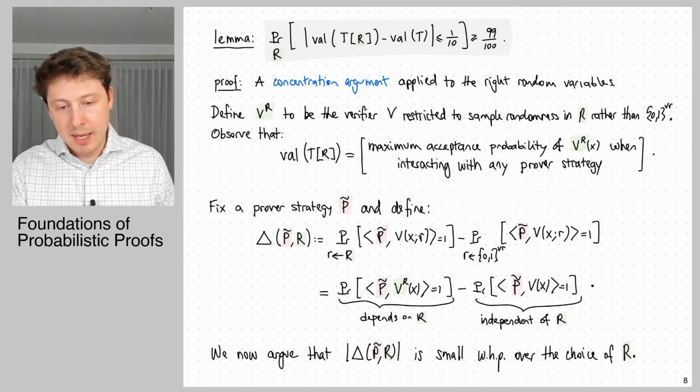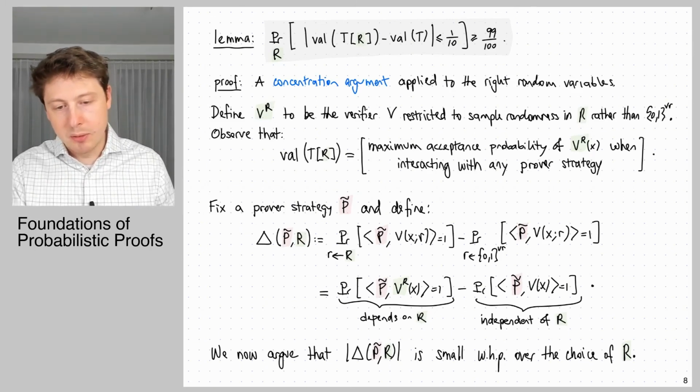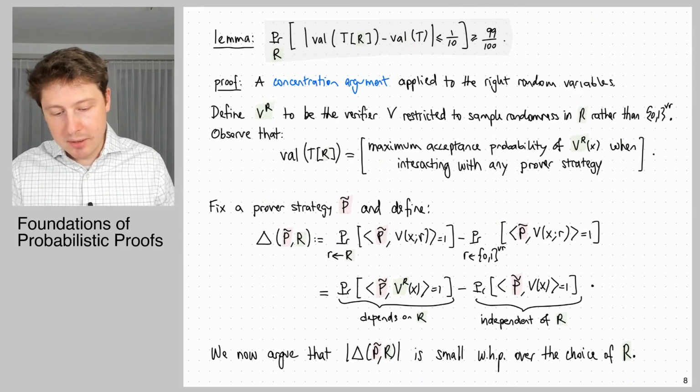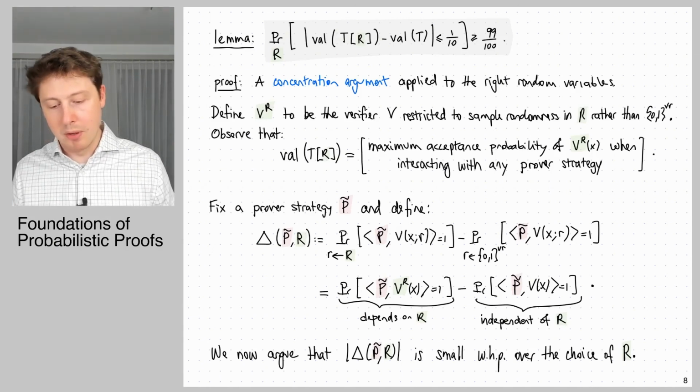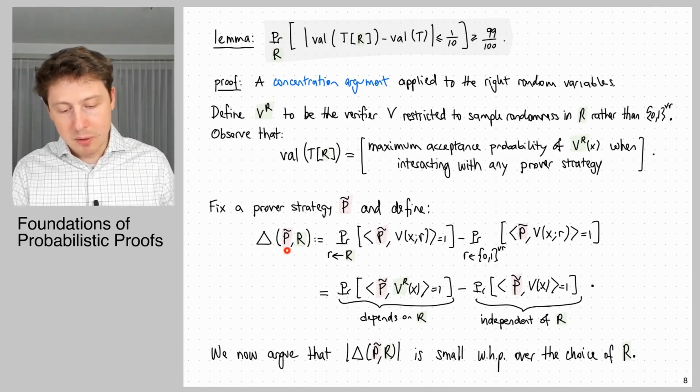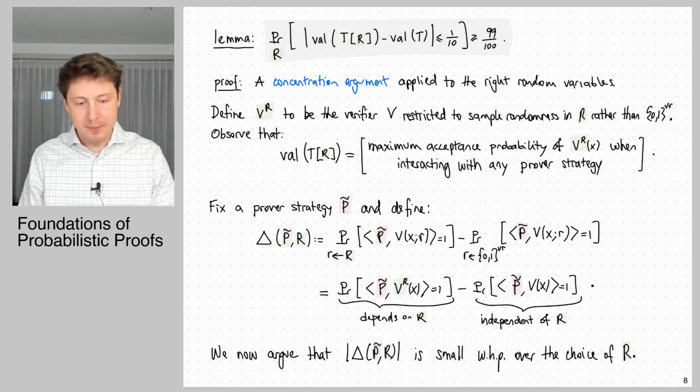The way we studied it is we said this guy is very related to this quantity, as we proved towards the end of the proof. And this quantity singles out specific provers. That's why for a particular prover, we can talk about the concentration. And then we took a union bound over those provers.